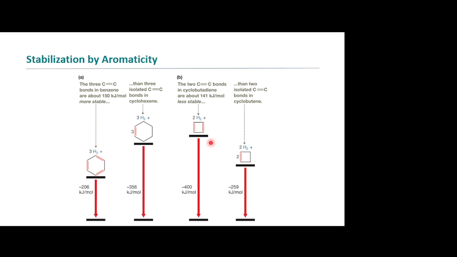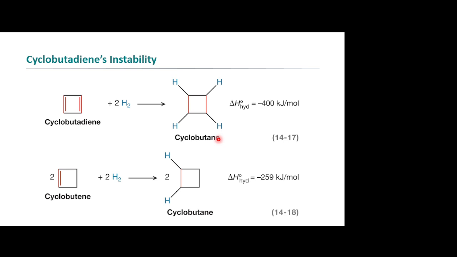A lot, actually, right? 400 kilojoules per mole versus 259 kilojoules per mole. So it's much less stable, being anti-aromatic. And this is the butadiene's instability when you do the hydrogenation. Again, that's the same number as we saw before, just so you can understand which reaction does what.